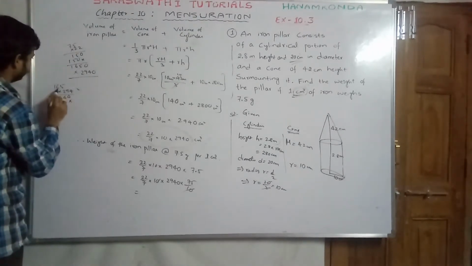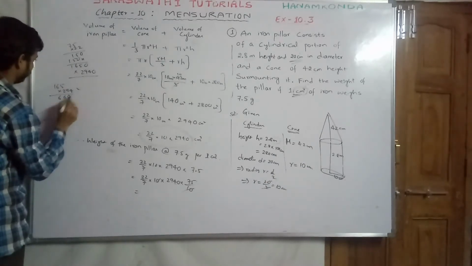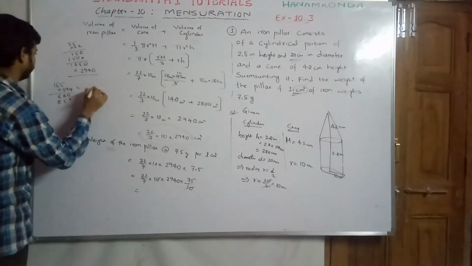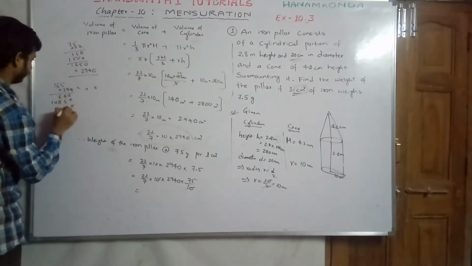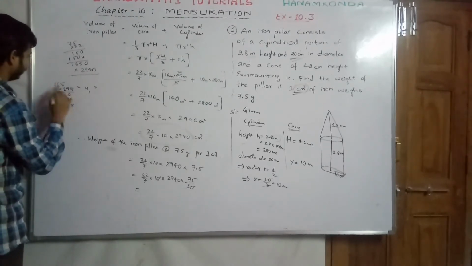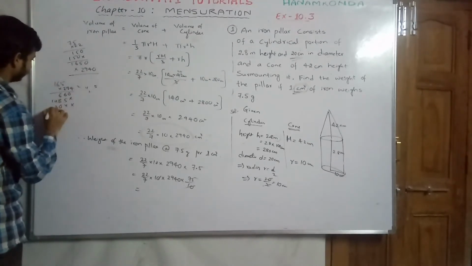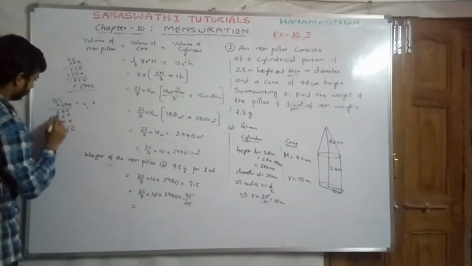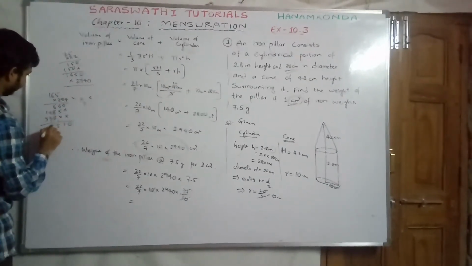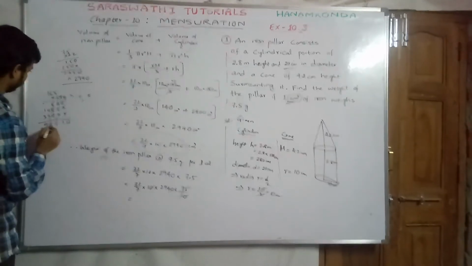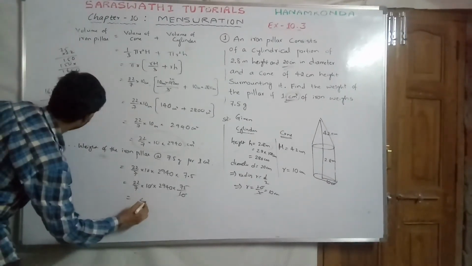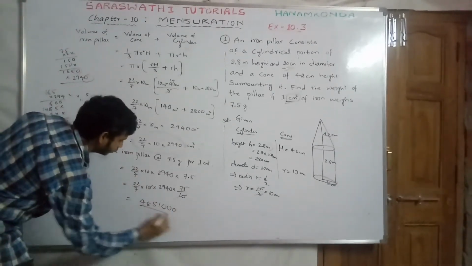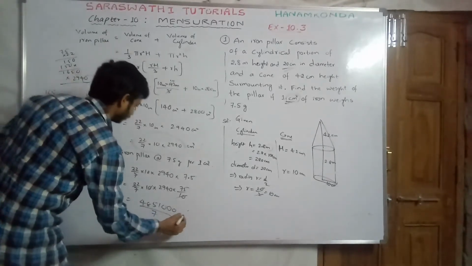Continuing the multiplication, we get 48510, again 2 zeros, by 7 grams.